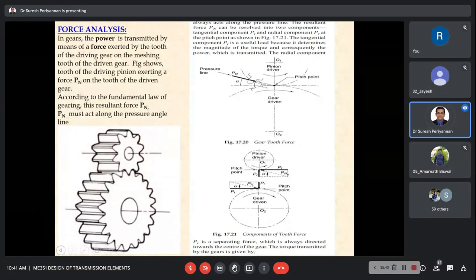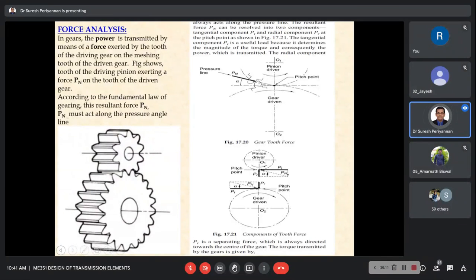Now, first we discuss the force analysis. We already discussed some of this content while designing the shaft, because in the first chapter the gear was connected on the shaft for power transmission. Based on the gear radial load and tangential load, we considered horizontal bending moment and vertical bending moment.